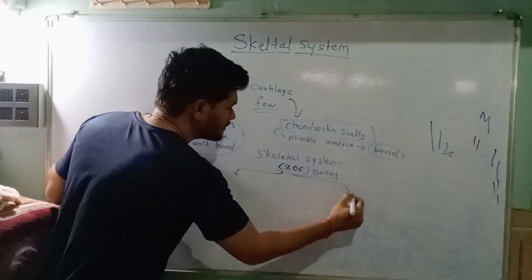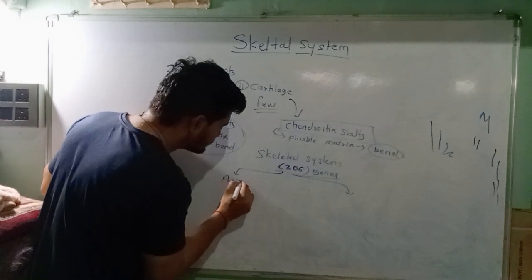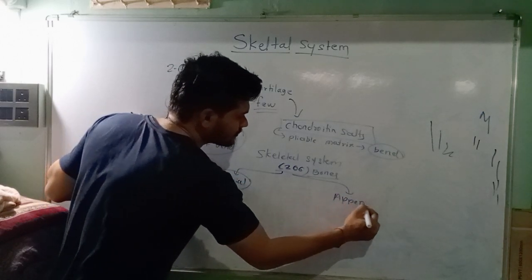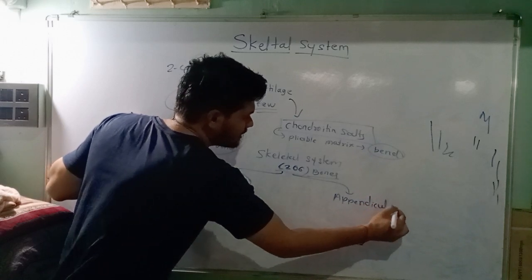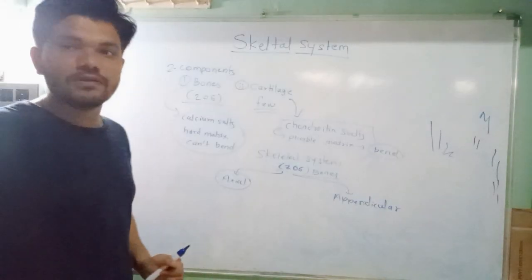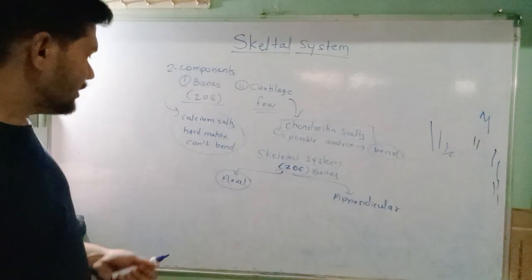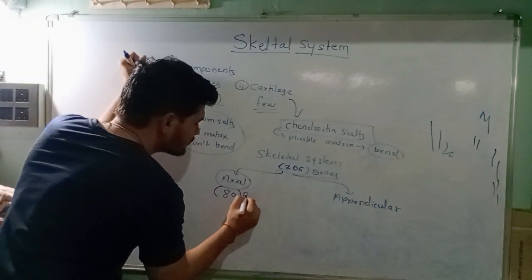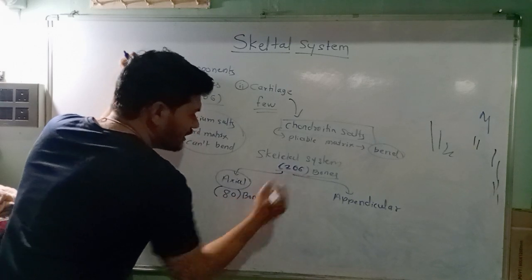One is the axial skeleton, one is the appendicular skeleton. Axial and appendicular. Okay, so your axial skeleton has 80 bones. Total there are 206.